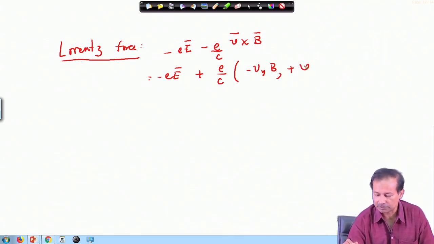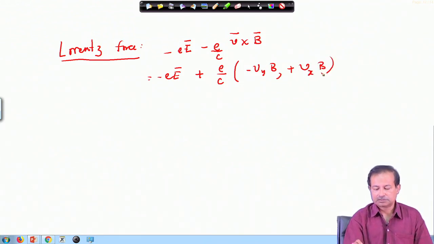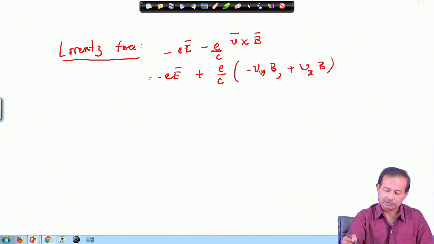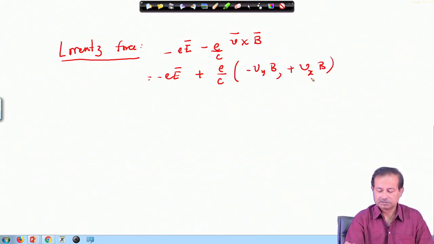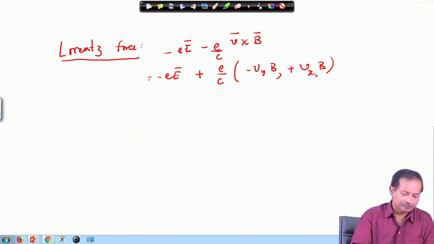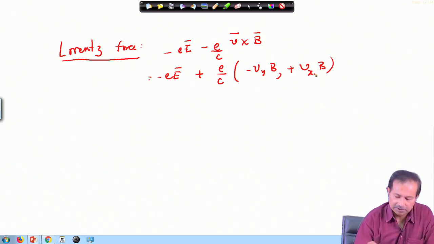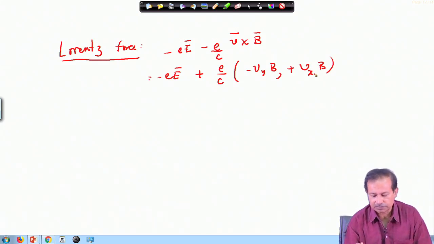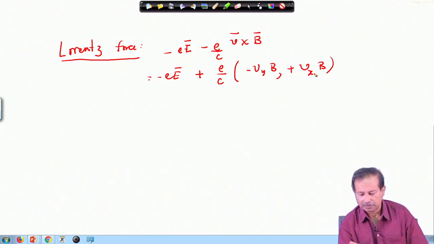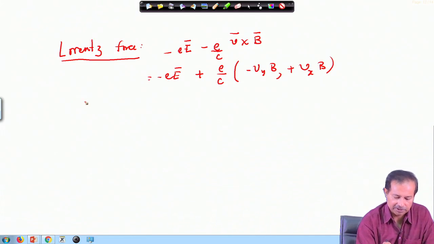So, these are the two components: the x component is minus v_y into B, and the y component is v_x into B. Okay.